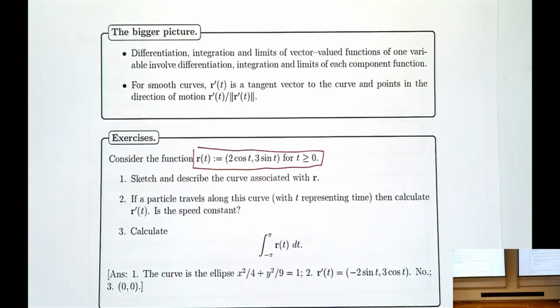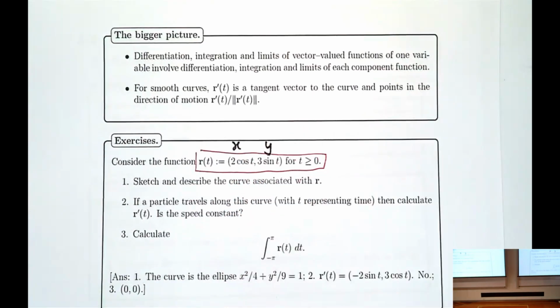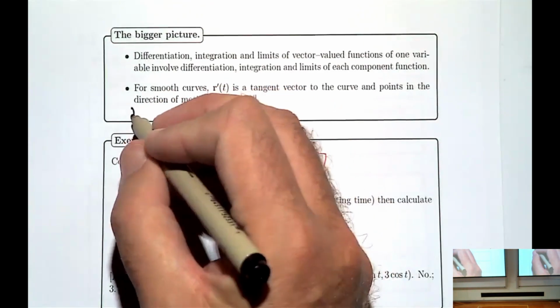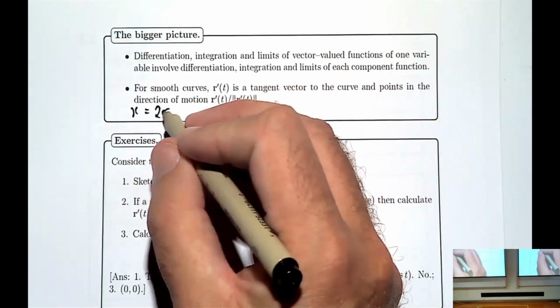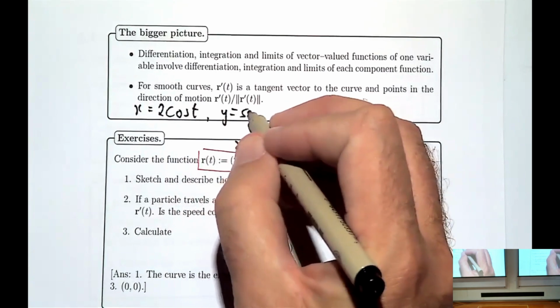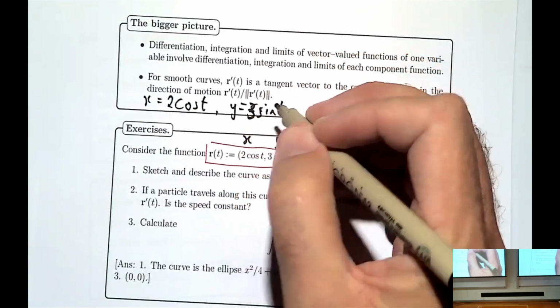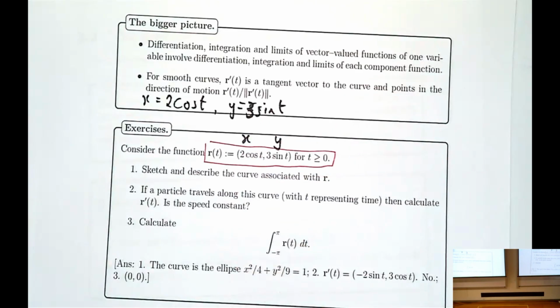So the way I think of this, that's your x, that's your y. So x equals 2 cos t, y equals 3 sine t. And the idea is to try to work out what curve we've got here.